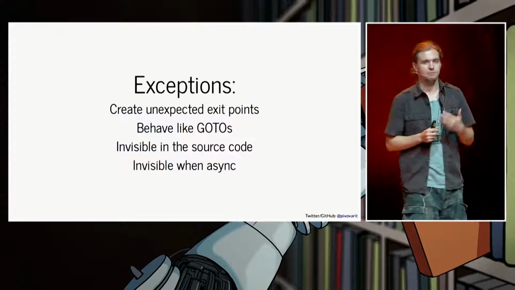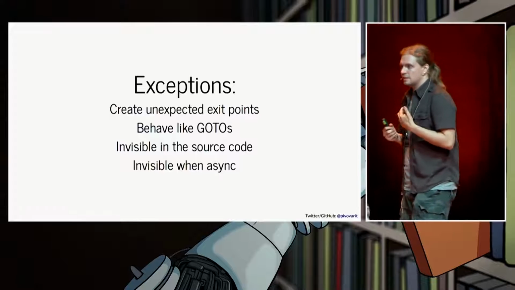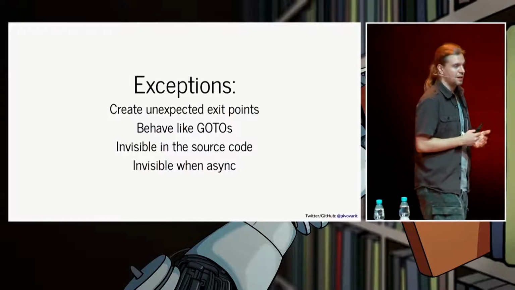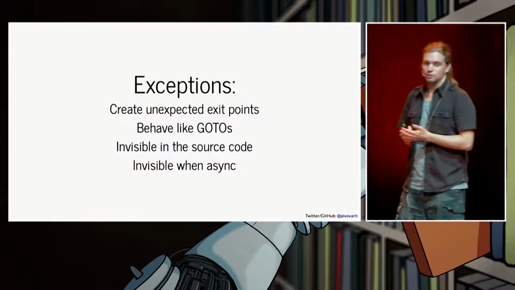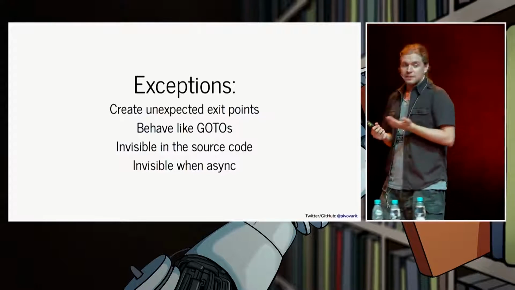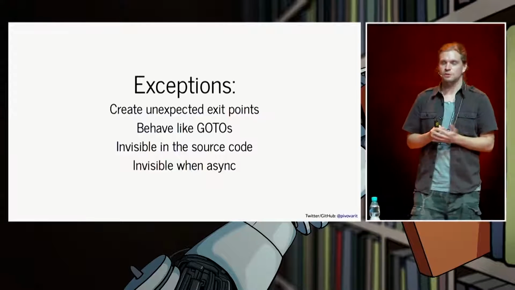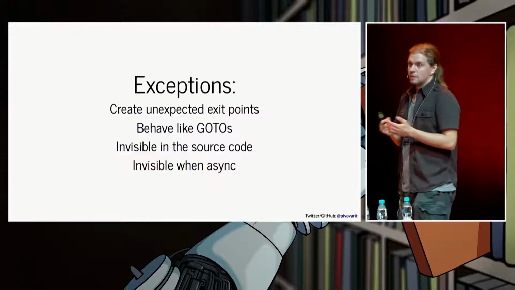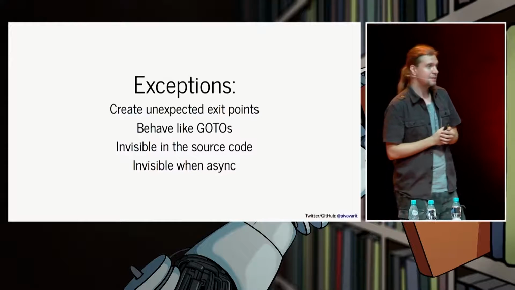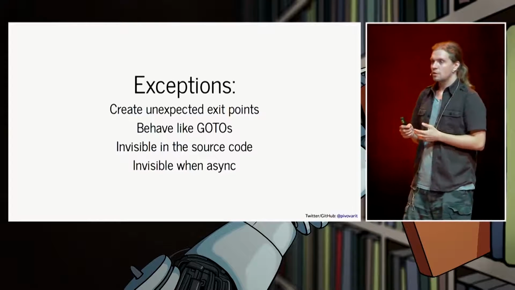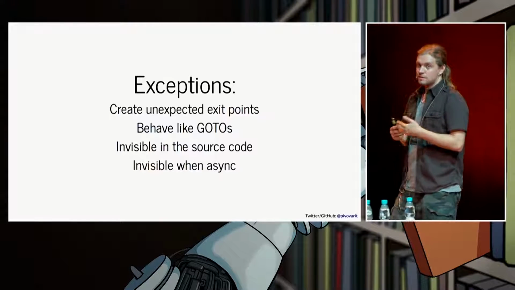Some people were sarcastically saying that exception handling in Java, especially checked exceptions, are enterprise-grade gotos. Other than that, all those complicated control flow paths are invisible in the source code. That's problematic. And if you start going async and exceptions start getting thrown in different threads, it's quite easy to lose them.